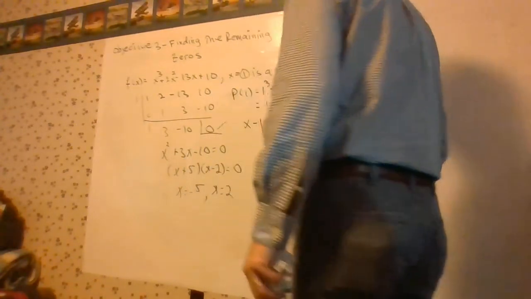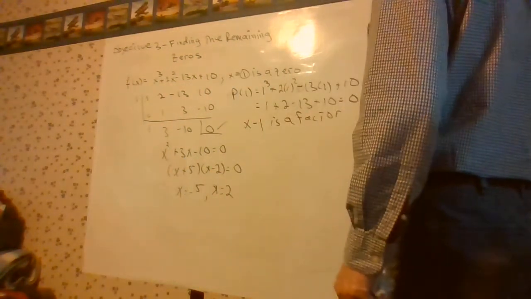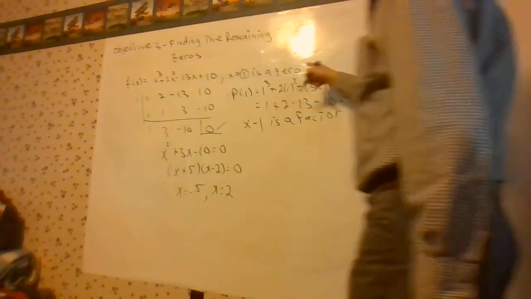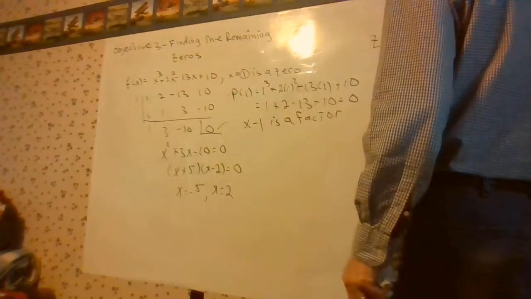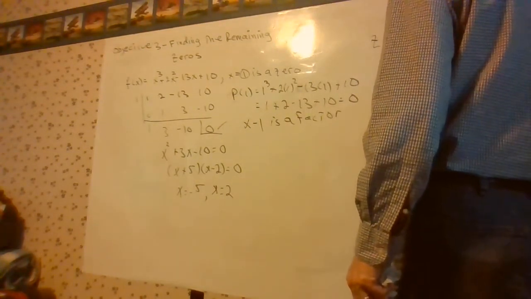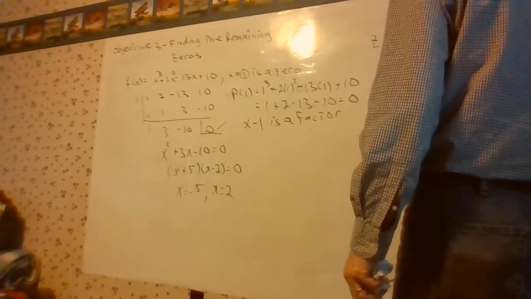Now we can summarize this as far as zeros. We have x equals 1. That's the original one. We also have x equals 2 and x equals negative 5.